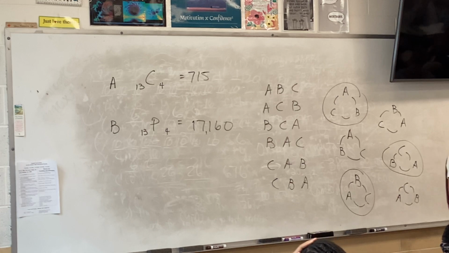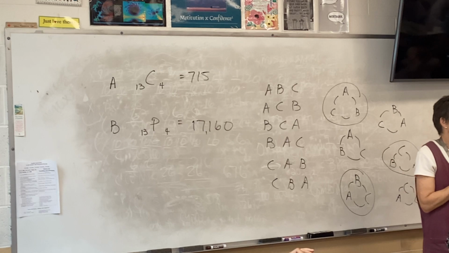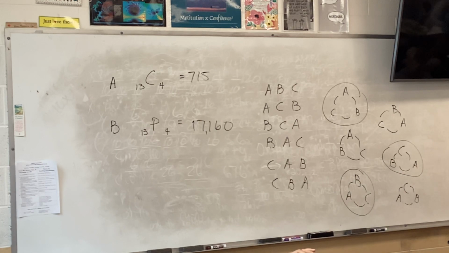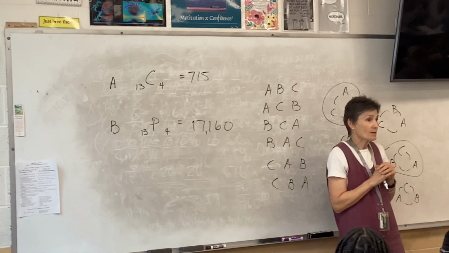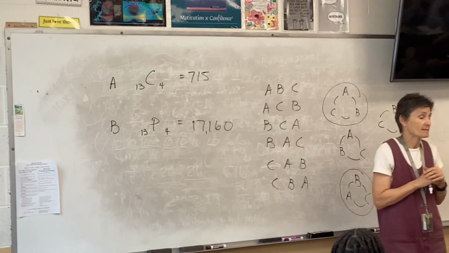So 8 people in a line is 8 factorial. 8 people in a circle is 7 factorial, because 8 of them repeat. We divide by 8, which gives you 7 factorial. It's called a circular permutation. When you arrange things in a circle, it's 1 less factorial.